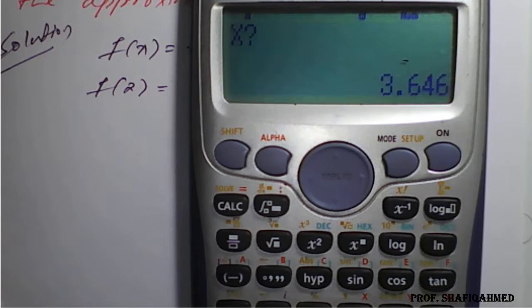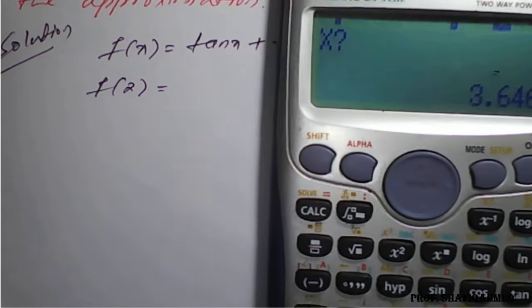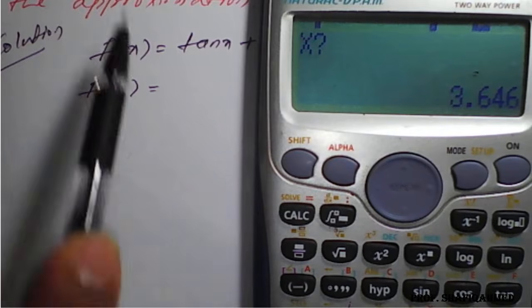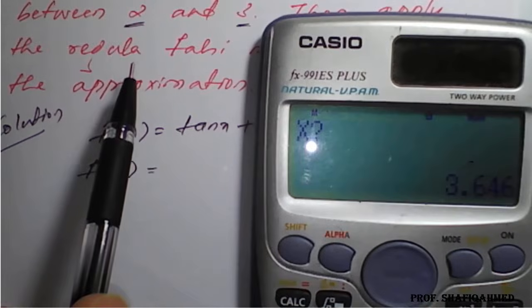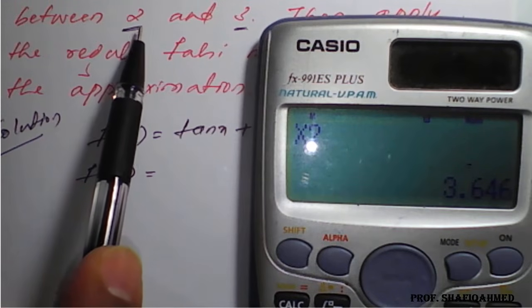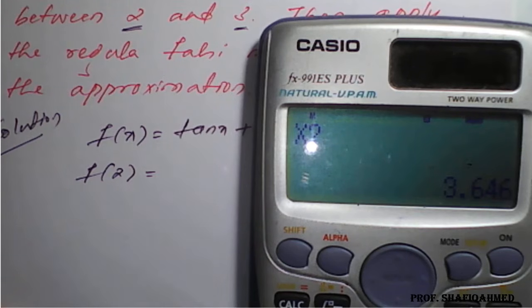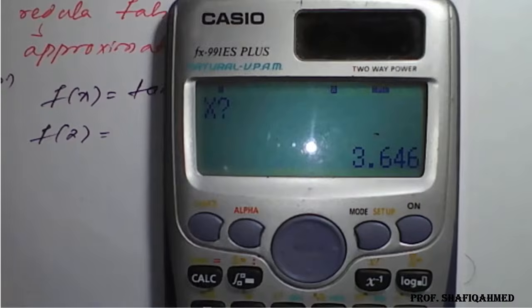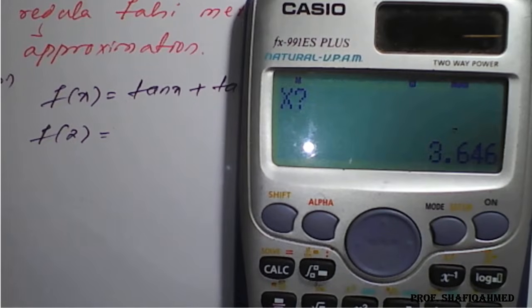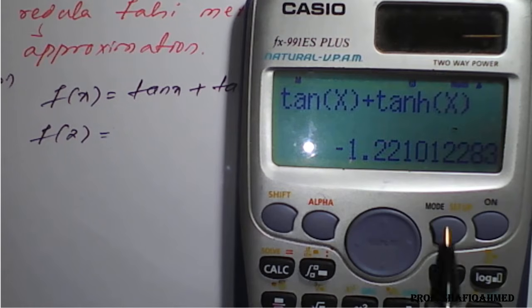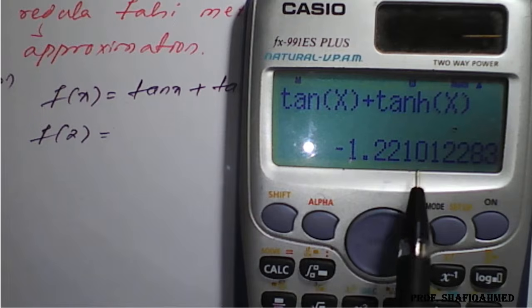Once you get the calc option, we need to find the values of f of 2 as well as f of 3 for this function, as given in the question. If you press 2, we get minus 1.2210.